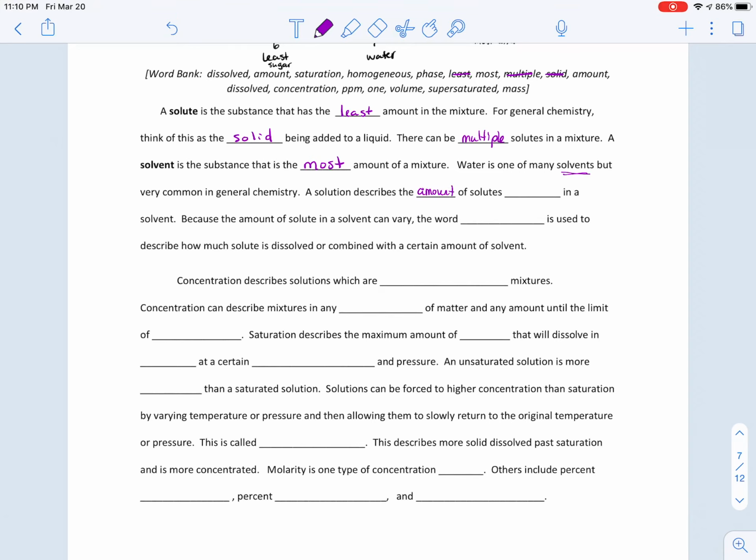A solution describes the amount, or you could say the number, of solutes, and these are what's dissolved. Remember, we're not talking about what's sitting on the bottom. That's not dissolved. It's dissolved, not dissolving.